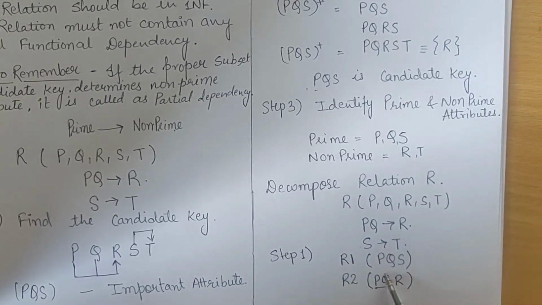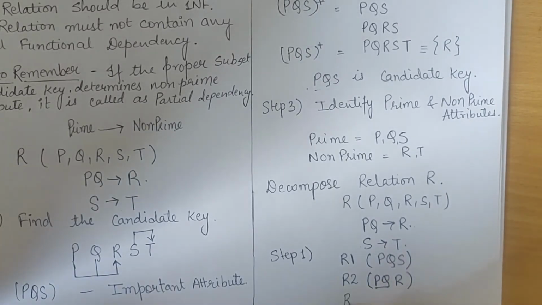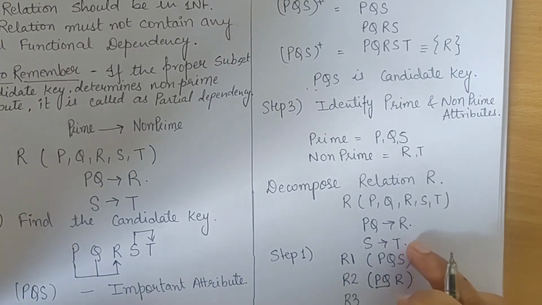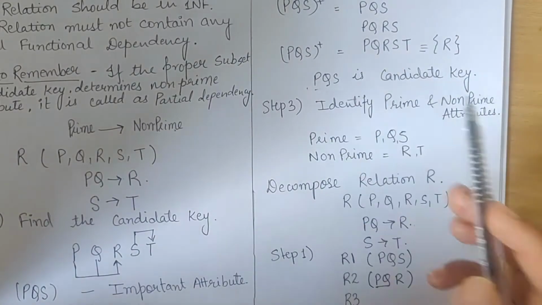Now PQ is a key and PQ is determining R. So there is no proper subset. Entire key is determining R. We made this a key. Okay. Now third decomposition, because of this dependency also there is a problem. S is also a proper subset of candidate key.